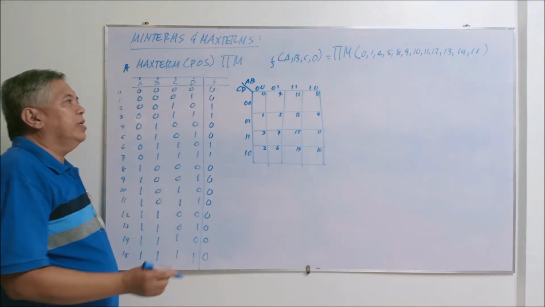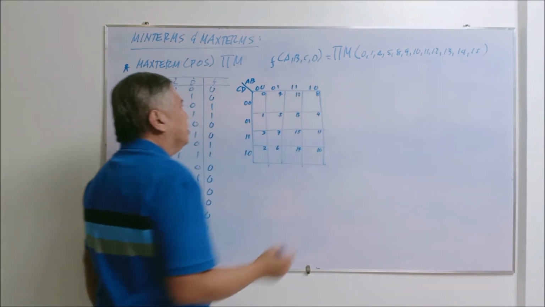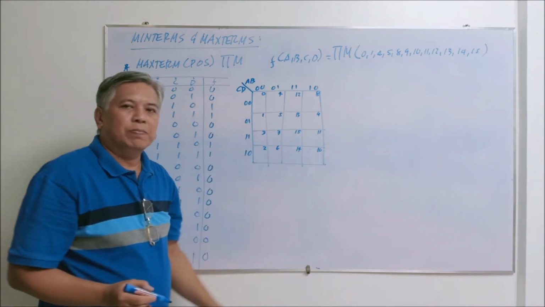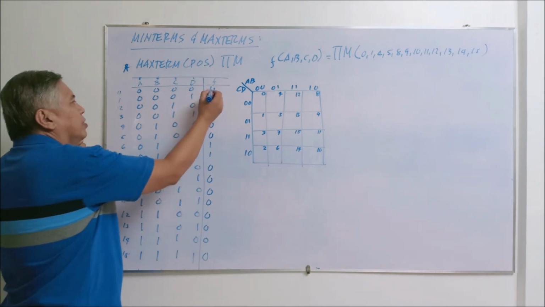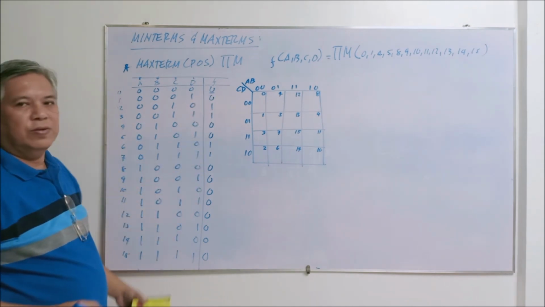Okay? Then, we locate this Maxterm in your map. So, this time, we use the value 0.